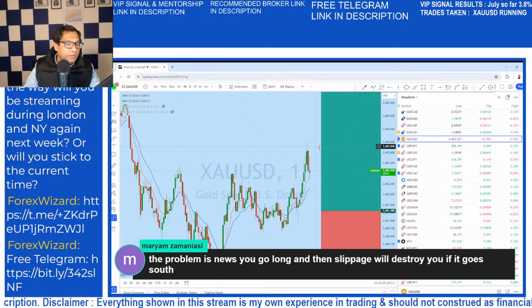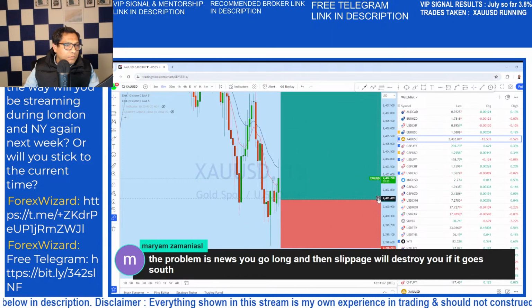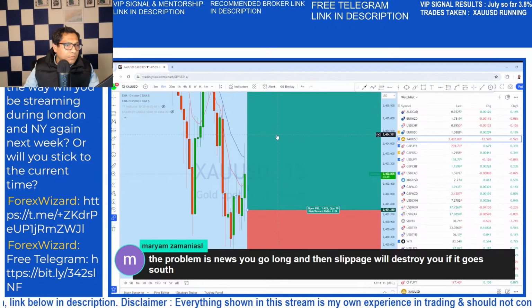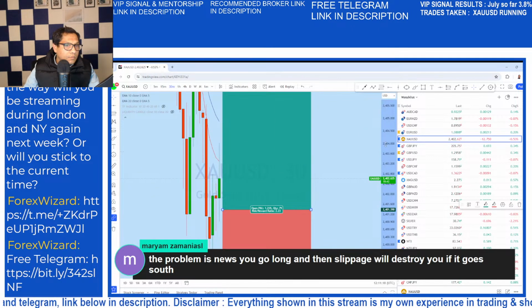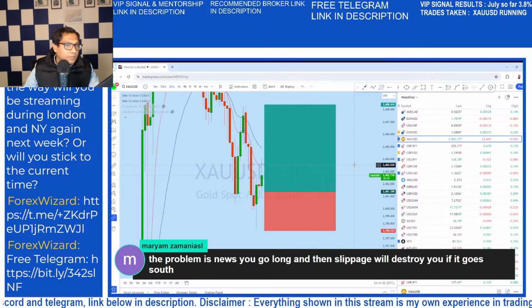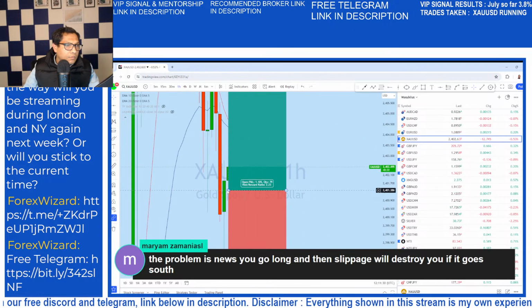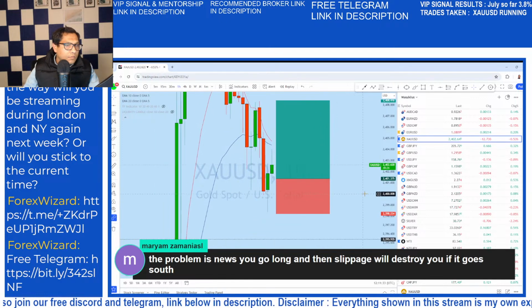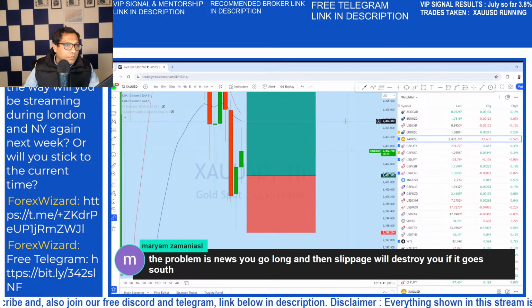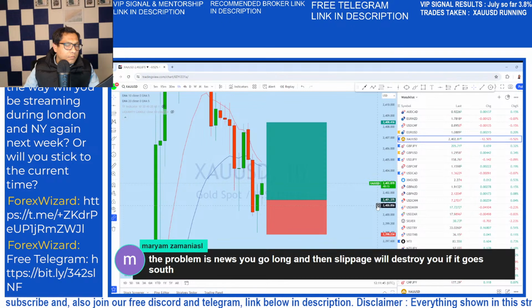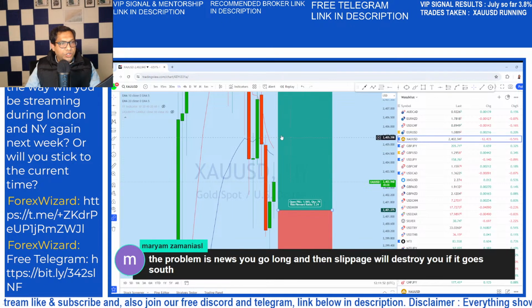Wanting to see that it is bouncing. So far we can see potentially bullish here.